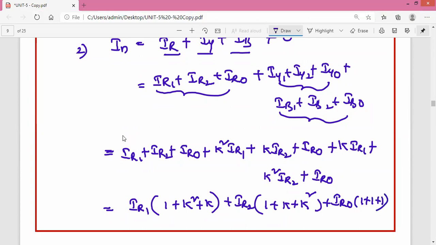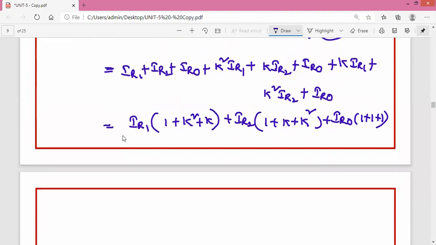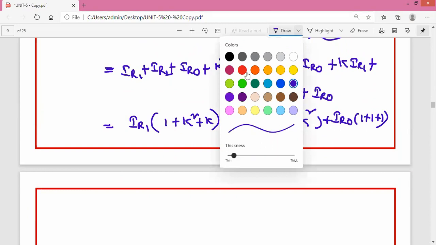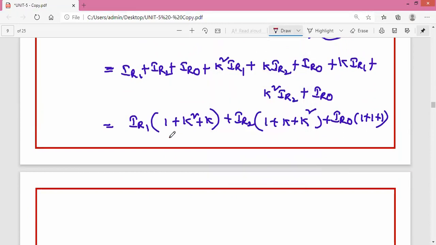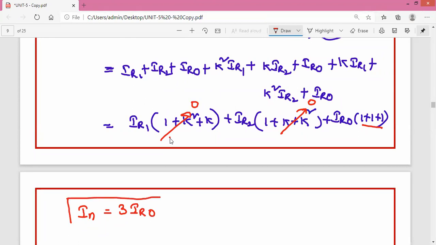Correct. And we know that 1 plus k plus k square is equal to 0, which we derived earlier at the start of the session. Here also 0. Then what is the neutral current? IR0 into 1 plus 1 plus 1 is nothing but 3 IR0. Three times the zero sequence component is flowing through the neutral. That is the meaning.